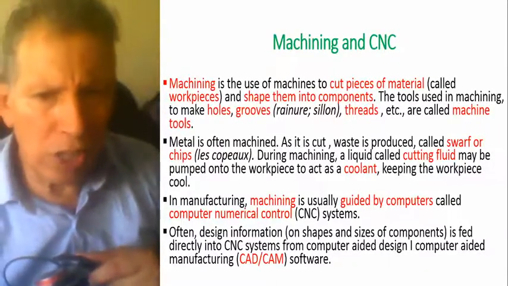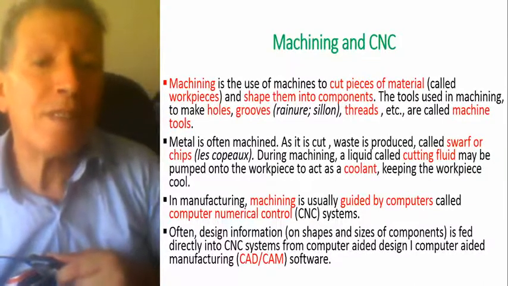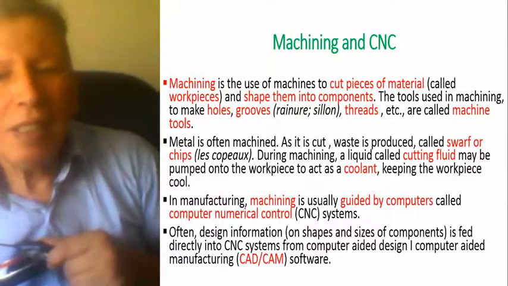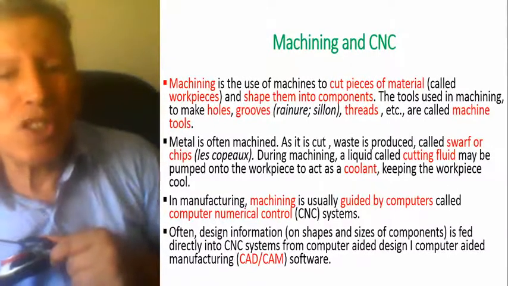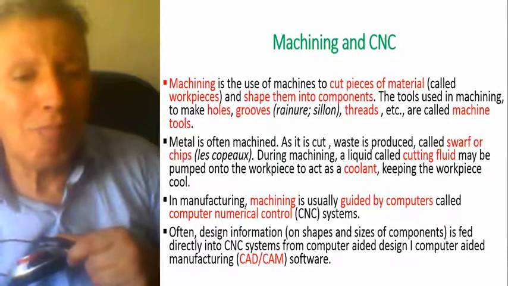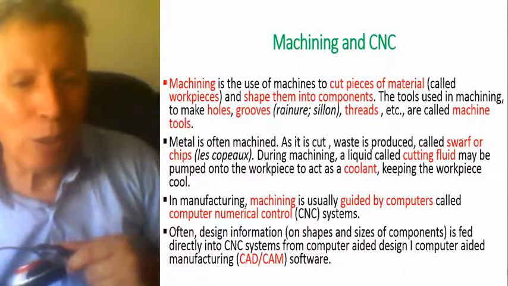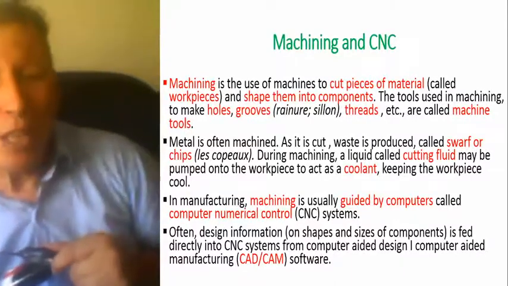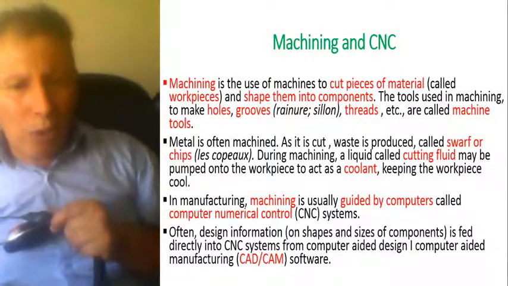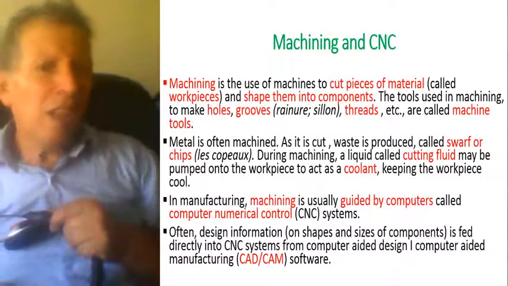In manufacturing, machining is usually guided by computers. Well, it's different from the past. In the past, craftsmen, technicians worked in their workshops. So it was more of a craft than a science or a technology. But nowadays, computers are used, and that's why we use the term computer numerical control systems, CNC in short.